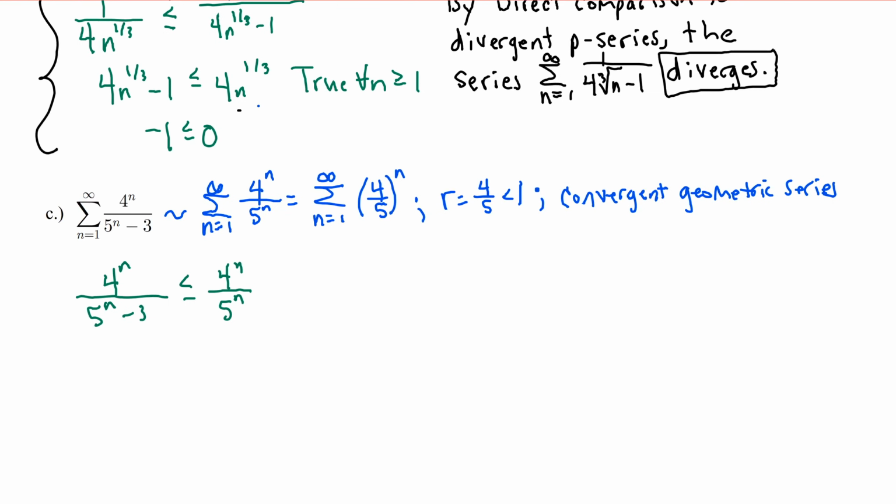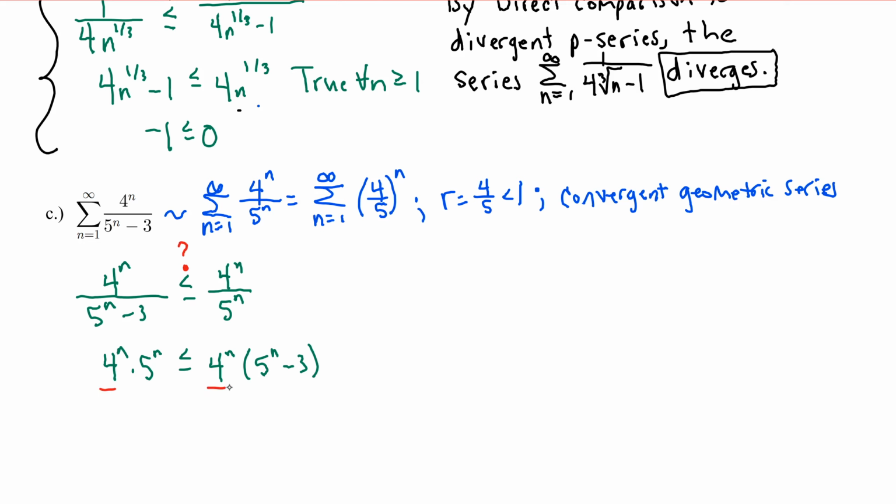So because we're dealing with all positive terms here, again, I'm going to cross multiply. So I have 4 to the nth times 5 to the nth is less than or equal to 4 to the nth times 5 to the nth minus 3. Now, I should be careful as we're exploring this option. We're trying to establish, is this a true inequality? And we've whittled it down to this last line.